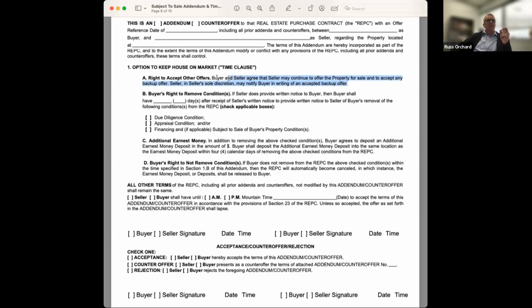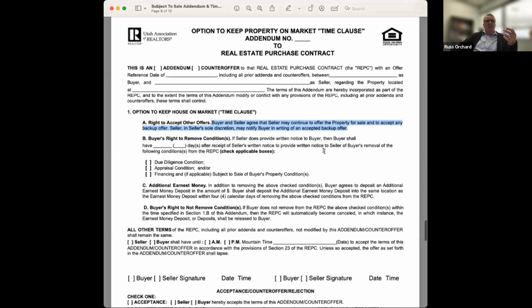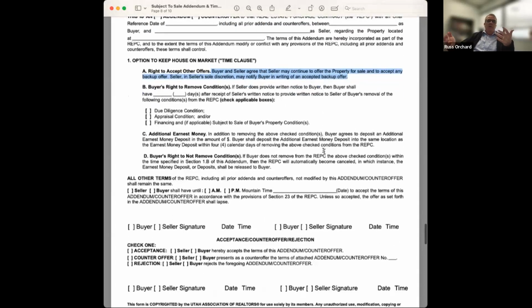So the key thing here is they can continue to offer the property for sale. If they get an offer in, they don't have to enact this time clause if they don't want to. So maybe the seller gets an offer that isn't any better, or for whatever reason, the seller just feels like, I don't want to knock this first buyer out. They could accept an offer as a backup offer and not notify the buyer.